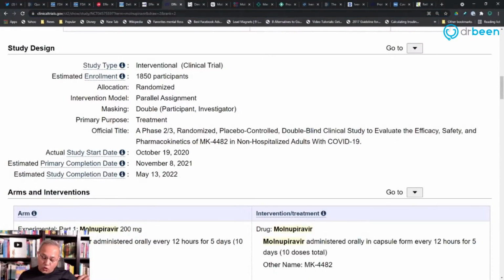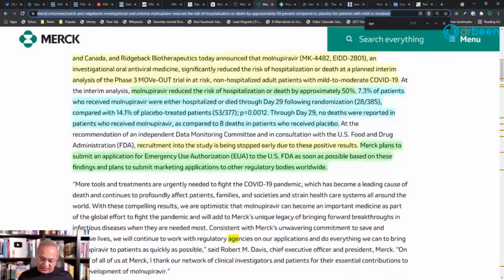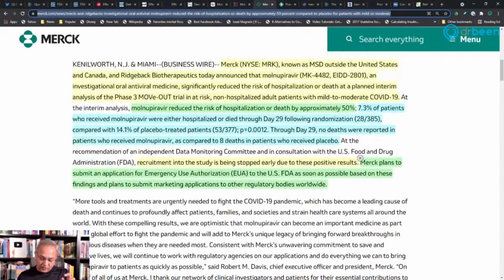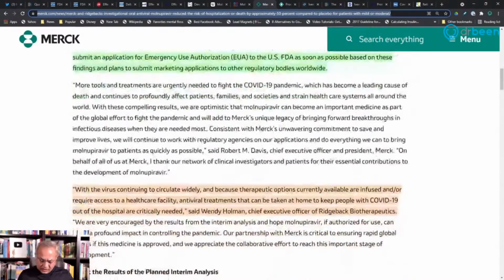In their own, on this page, they say we were planning to have 1,500 and something, but we ended up with 700, although 90%, 95% of the recruitment with the remaining people was done, but we found the results to be better. So it is somewhere in here they've written it.